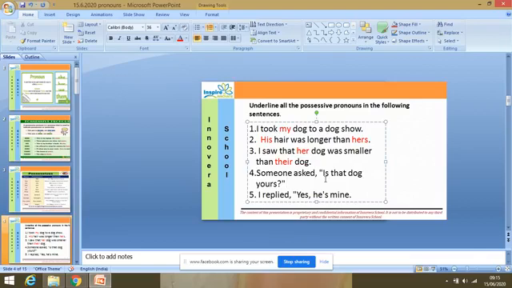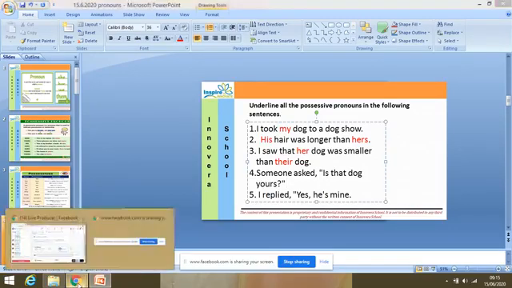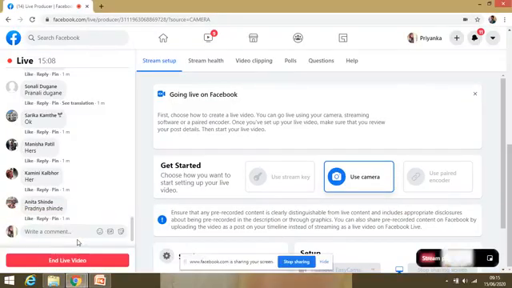Someone asked, "Is that dog yours?" Let me see who can give the correct answer. This is very simple. I repeat my sentence: someone asked, "Is that dog yours?" Children, I will not be a possessive pronoun.